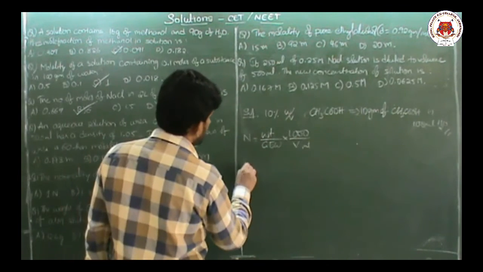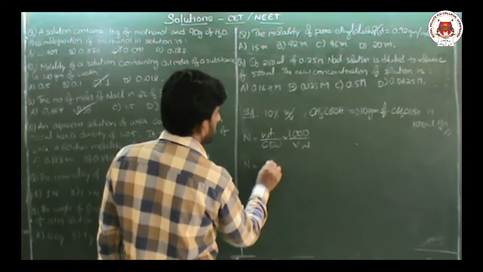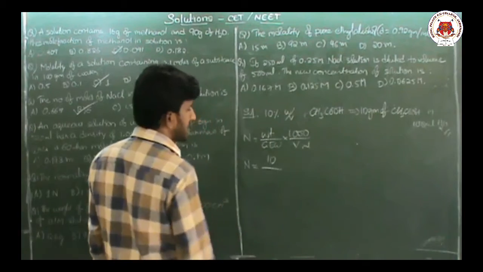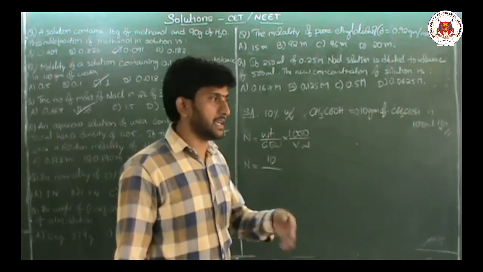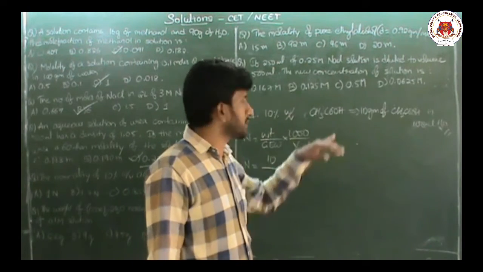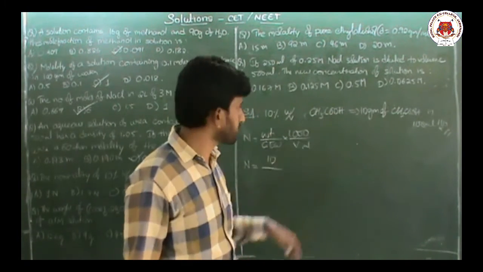Now I need to take number of equivalents as weight, 10 grams, divided by the gram equivalent weight of acetic acid. For acetic acid, gram molecular weight and gram equivalent weight are both the same because the basicity of the acid is 1.